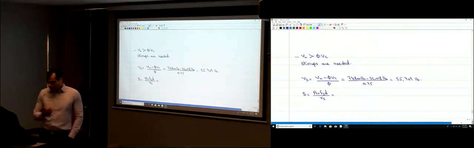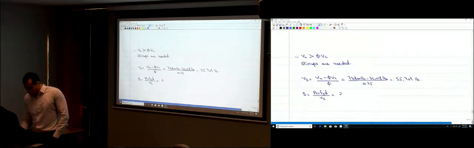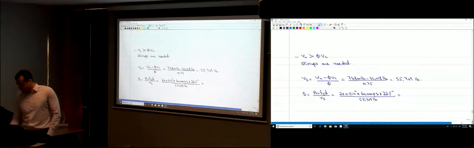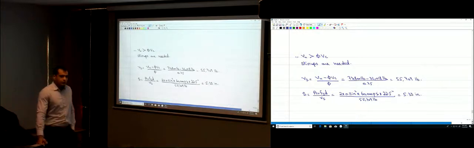So U-shaped number 3, I have 2 branches times the area of a number 3 bar, which is 0.11 inches squared, multiplied by fy, which is 60,000 psi, multiplied by d, the depth of the beam, 22.5 inches, divided by Vs, which is 55,709 pounds. So S is 5.33 inches. That's the required spacing for the stirrups.